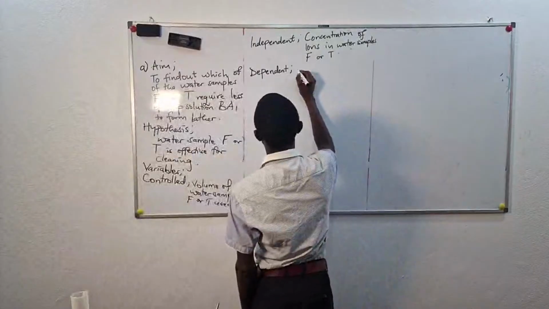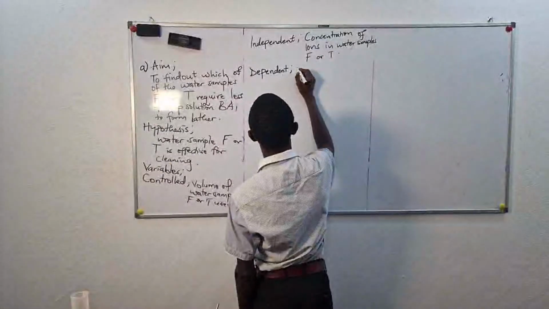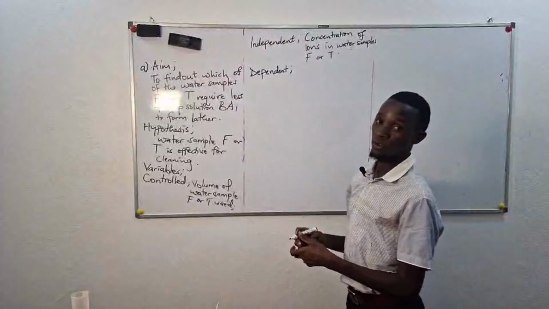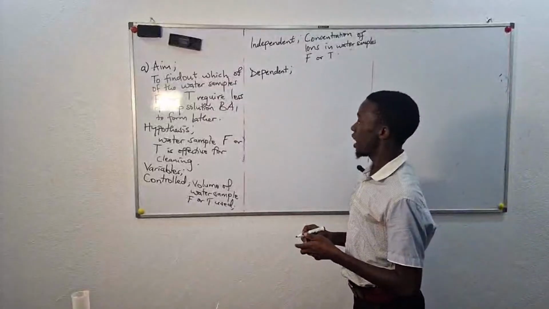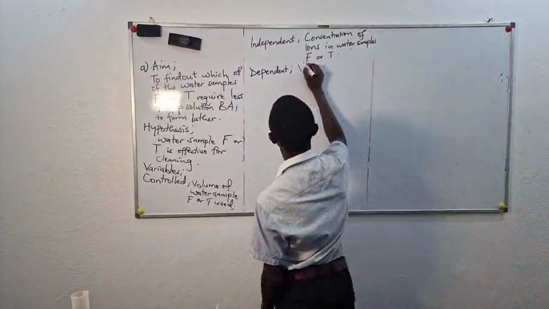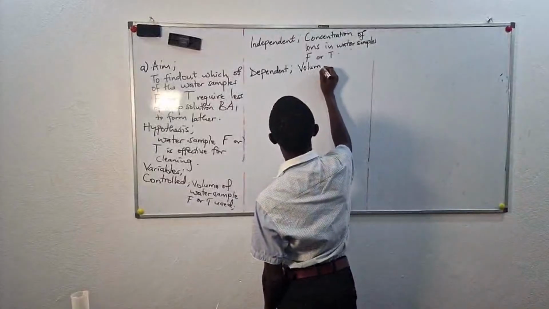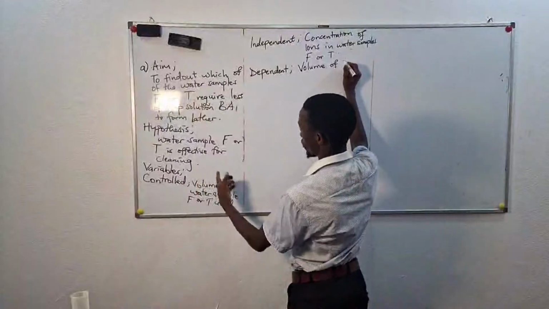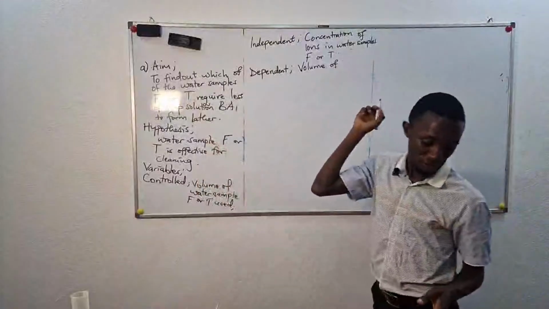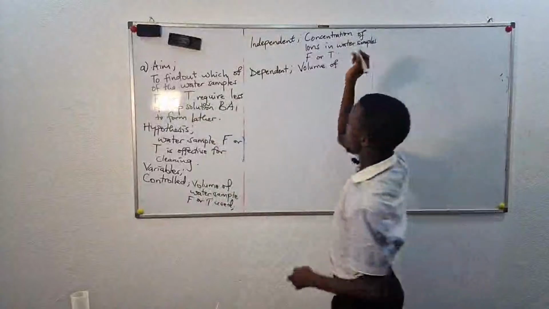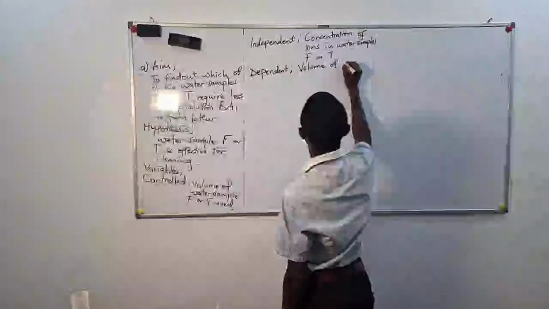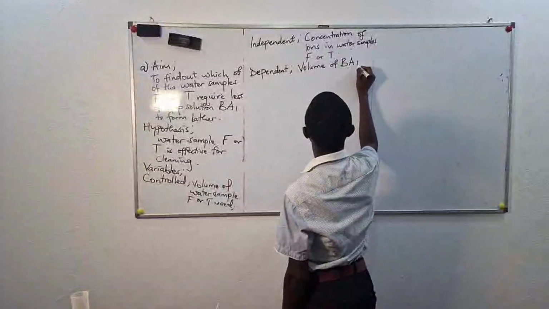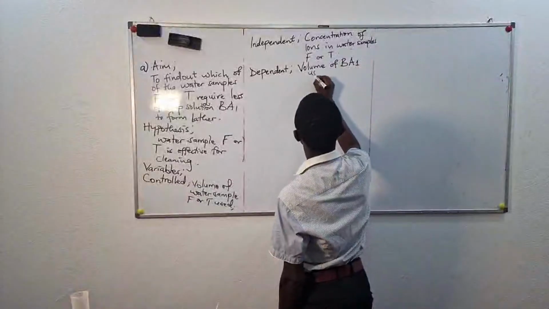The dependent variable for these kinds of investigations of soap detergents with hard water will always be the volume of soap solution used. Now the soap solution, they told us it is PA1. So it will be the volume of PA1 used.